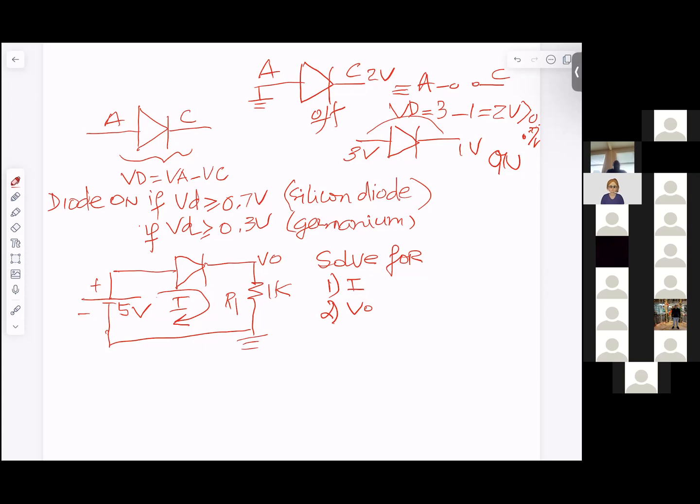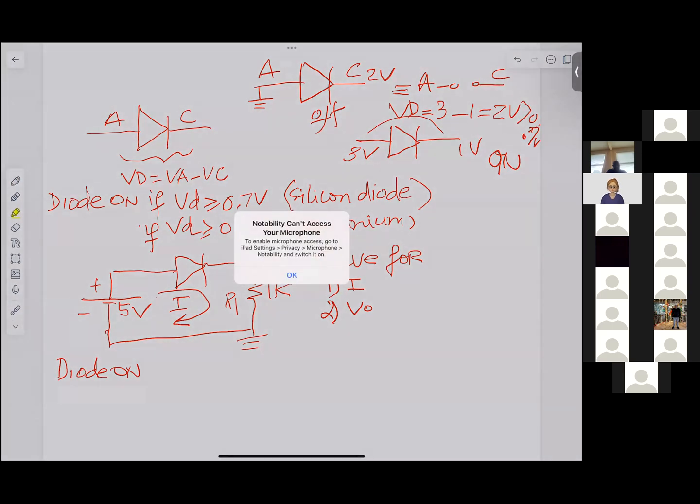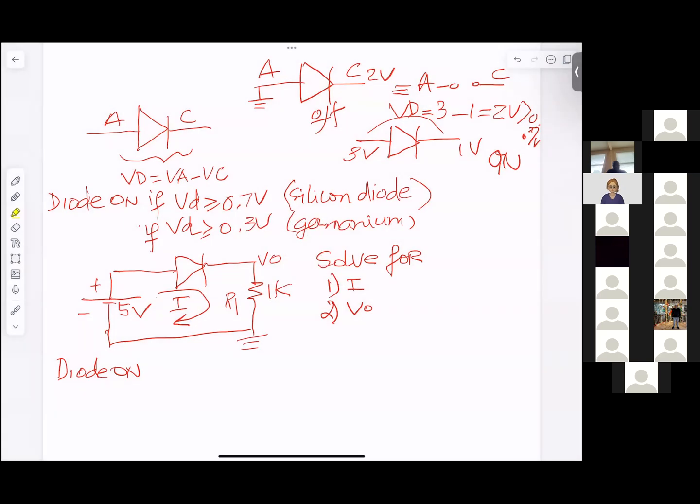Now, in this case, I say the diode is on. Why do I say that? This side is 5 volt and this side is ground, so that is greater than 0.7 volt anyway. So the diode will be on.